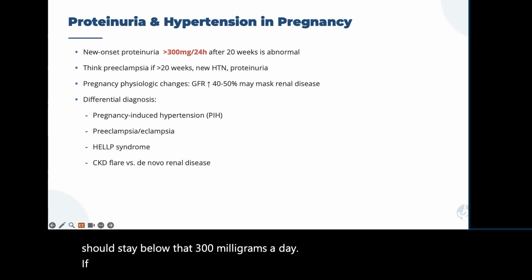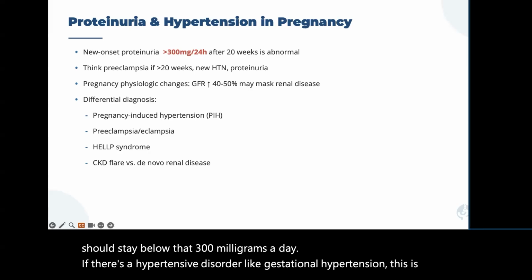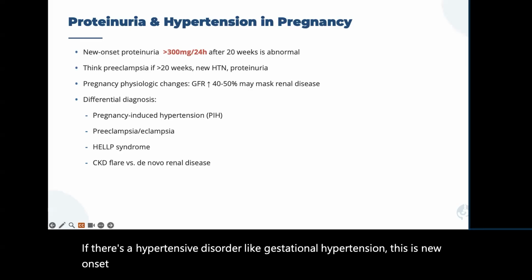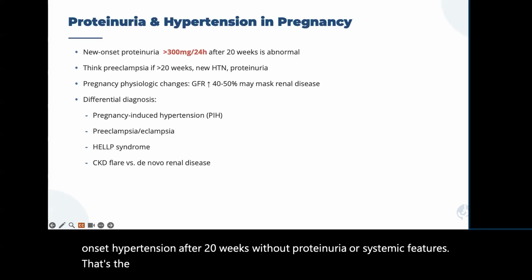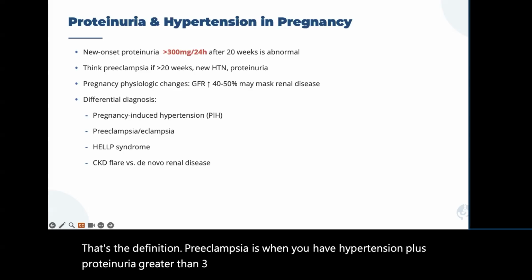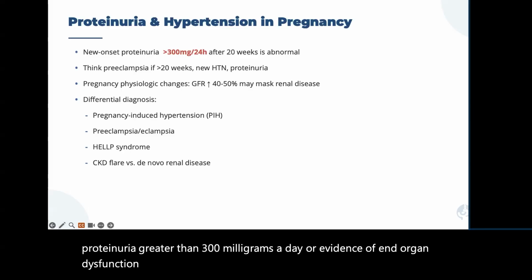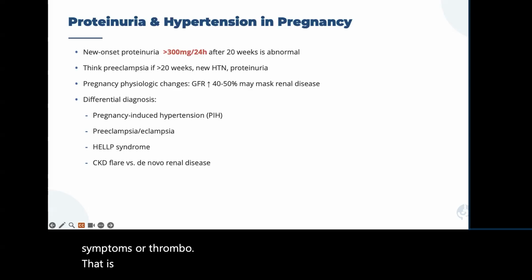If there's a hypertensive disorder like gestational hypertension, this is new onset hypertension after 20 weeks without proteinuria or systemic features. That's the definition. Preeclampsia is when you have hypertension plus proteinuria greater than 300 milligrams a day, or evidence of end organ dysfunction or renal insufficiency or liver dysfunction or neurological symptoms or thrombocytopenia. That is preeclampsia's clinical definition.